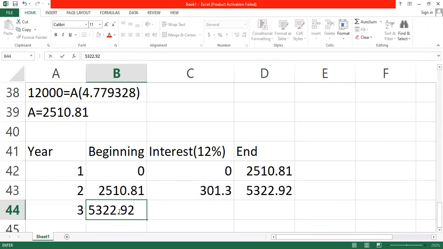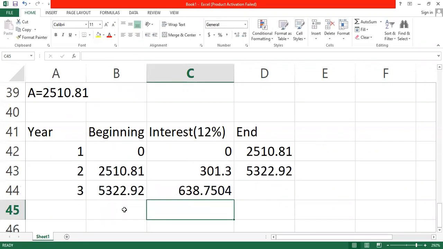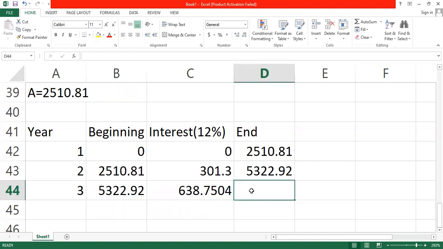So the interest will be earned on this amount, isn't it? The interest is 0.1T times this. What is the interest? 638. Okay, 638.